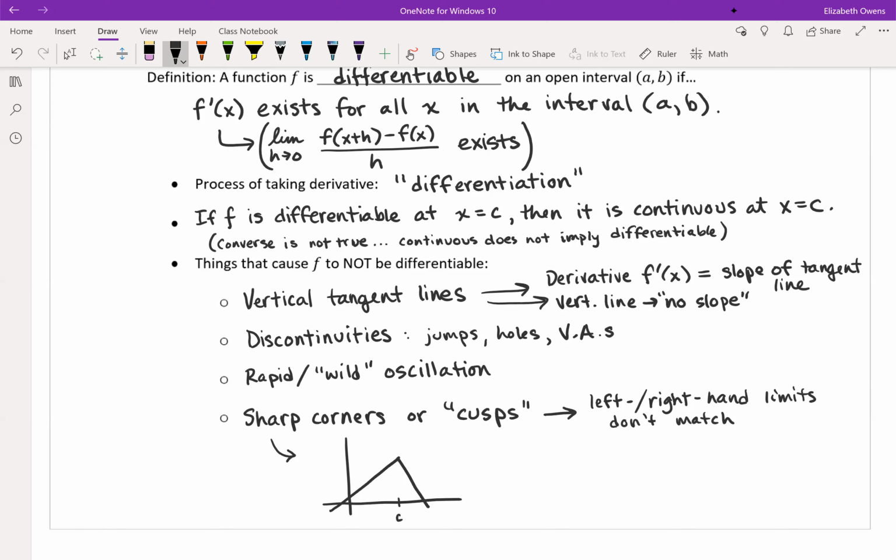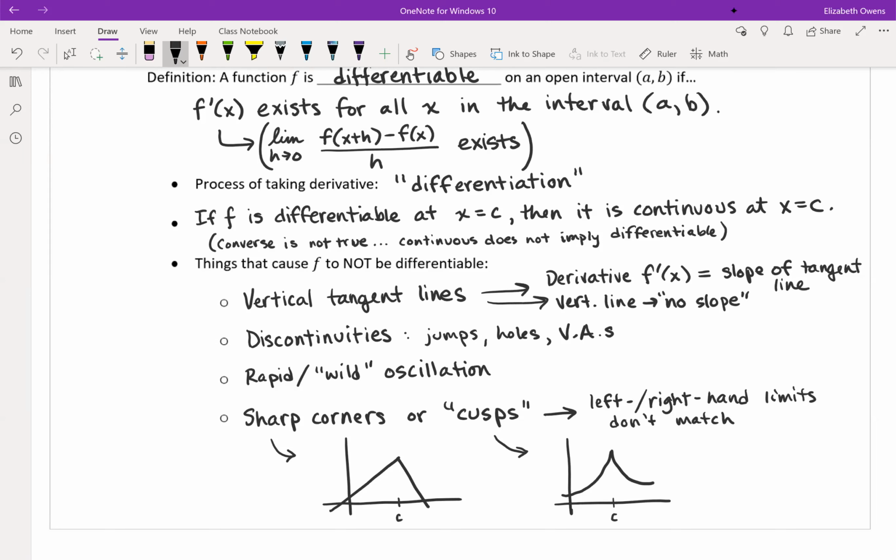So at a sharp corner like that, or a cusp, which is just an even more extreme sharp corner, a cusp looks something like this. You can have a little curve, but it comes to a very, very sharp point.